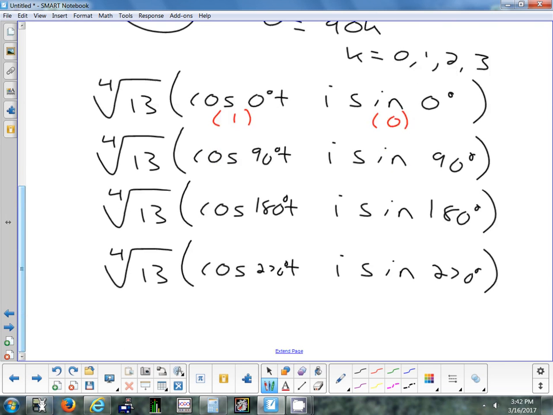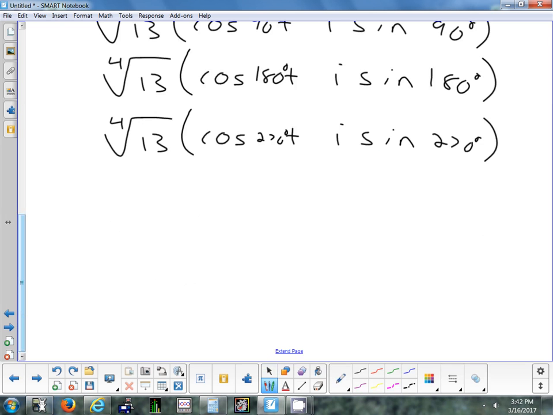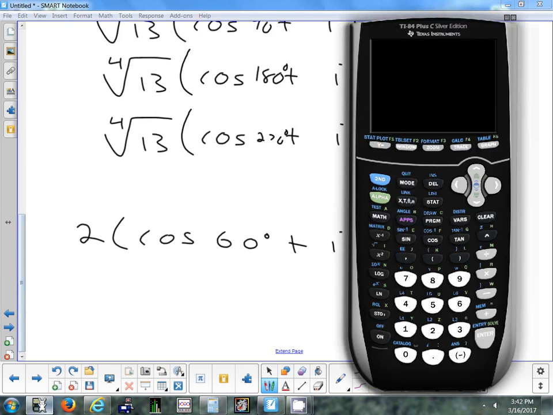The only other thing for the test is if you had something like, let's say you had this, 2 cosine 60 plus i sine 60, and I said to convert that to standard form as an exact answer. What would be the first calculation I'd type in?